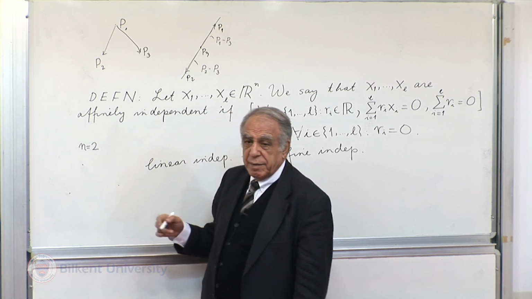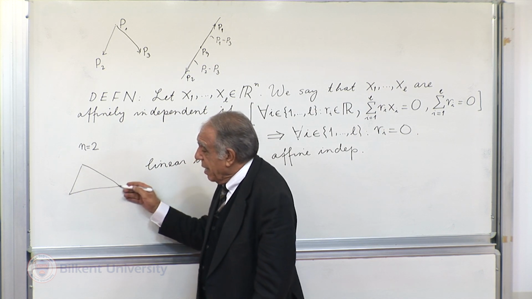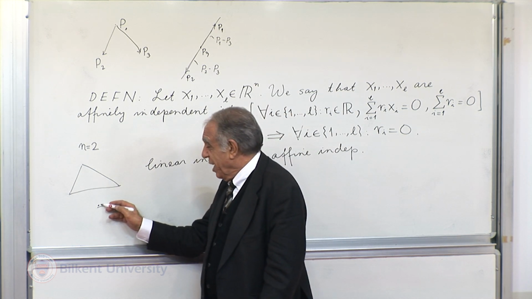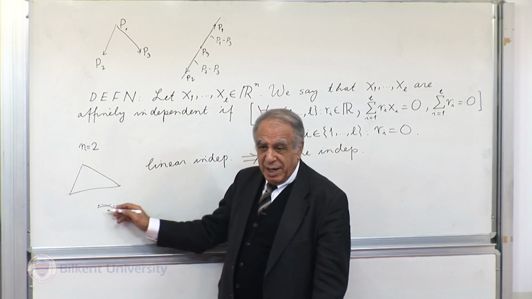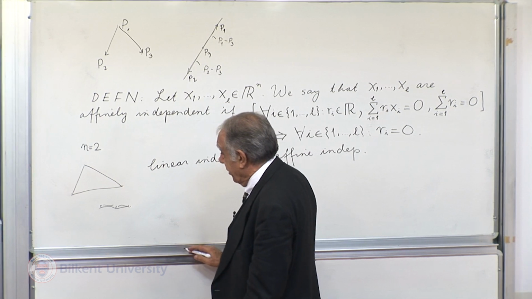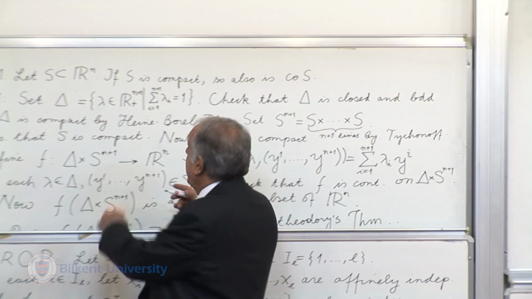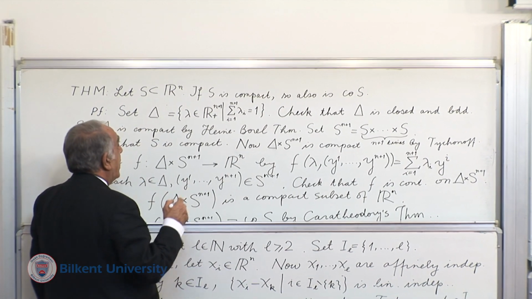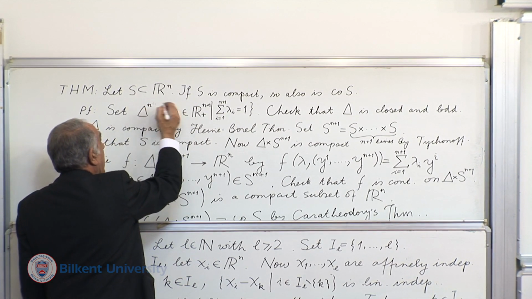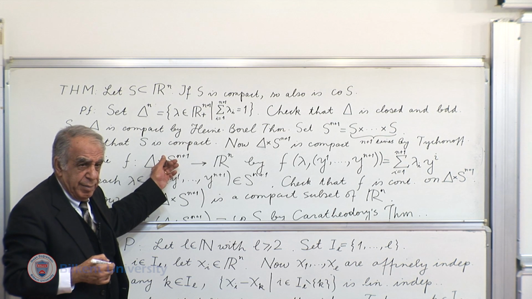What will the convex hull of this be? Well, that will be this triangle. If they are collinear, it will be a degenerate triangle. So these two edges will coincide with the hypotenuse, with the larger edge. So if you have here n equal to 2, this will be a two-dimensional object. So if it's n plus 1, this will be an n-dimensional object.